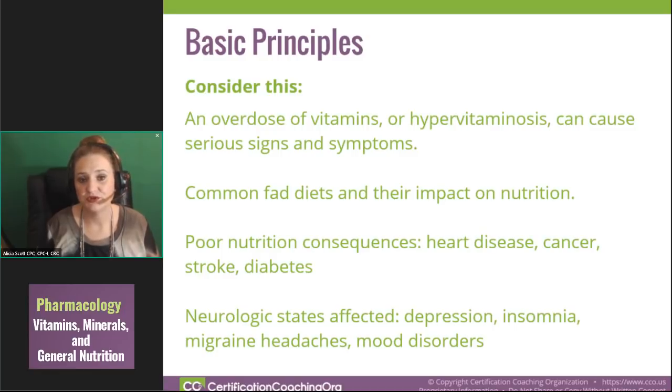The consequences of poor nutrition, again, heart disease, absolutely. We think of it being mostly with poor nutrition and obesity, which, yes, causes heart disease. You can also have a problem with stroke and diabetes when you have obesity due to poor nutrition.